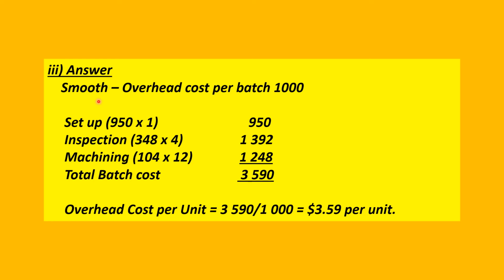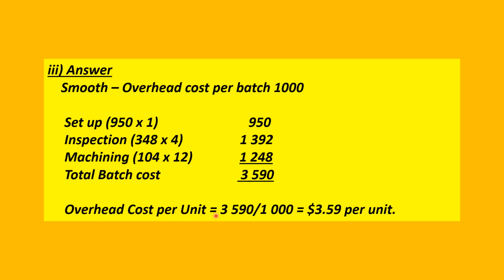Answer for smooth, the overhead cost per batch of 1,000 would be 950 for setup by 1 hour, inspection 348 by 4 hours, and machining 104 by 1248. Total batch cost will be 35.90.